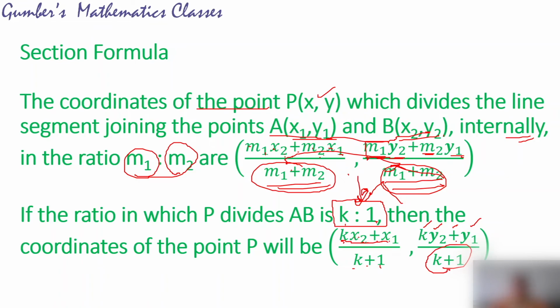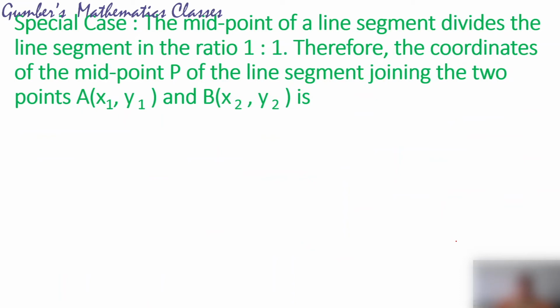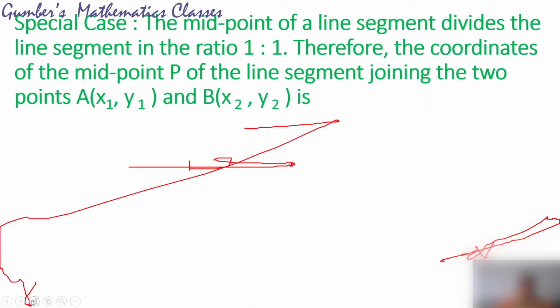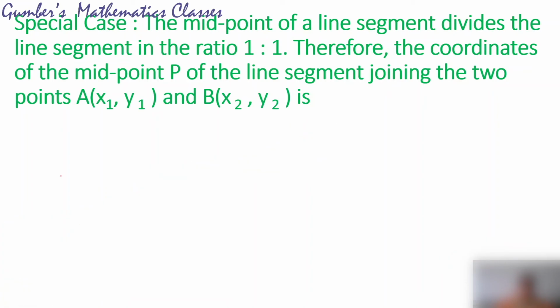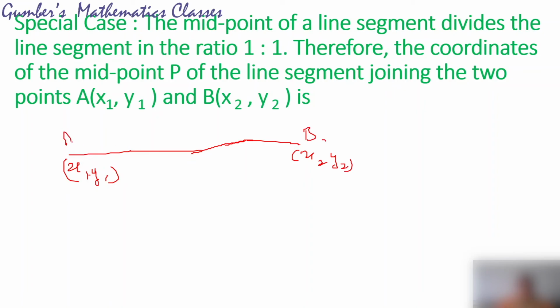One more thing is there, it's a special case. The special case is the midpoint of a line segment joining two points. Let us consider we have a line segment whose endpoints are A(x1, y1) and B(x2, y2).